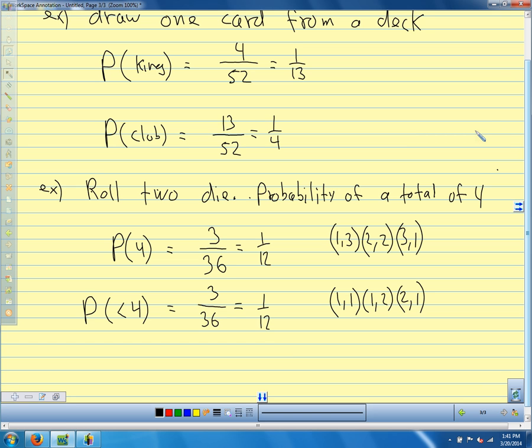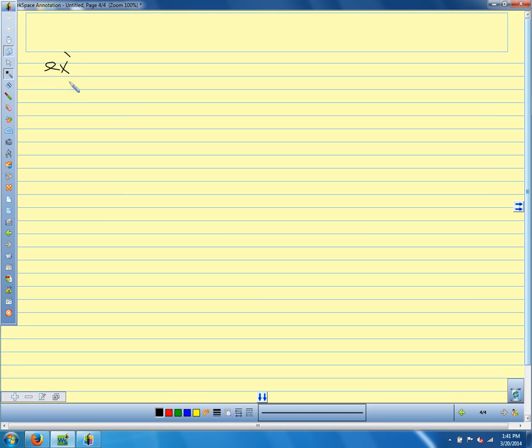All right, let's calculate a couple little more complicated probabilities where the counting gets a little more difficult. So for this example, we have a group of 4 boys and 5 girls, and we want to pick a committee of 3.